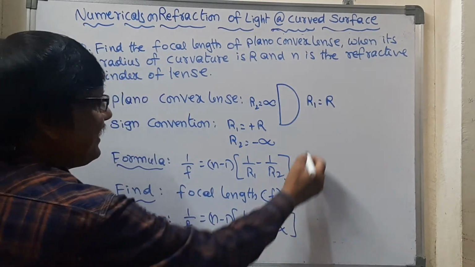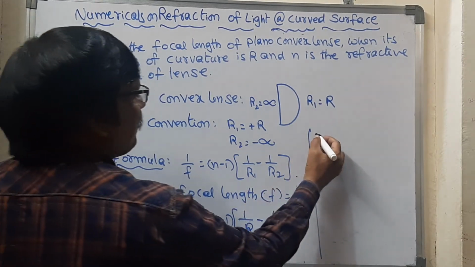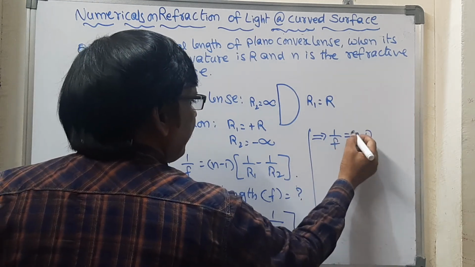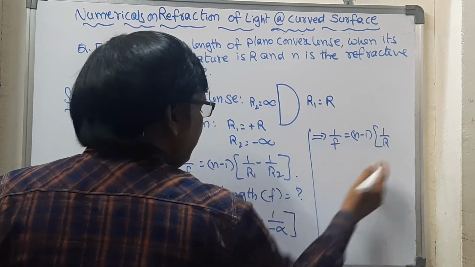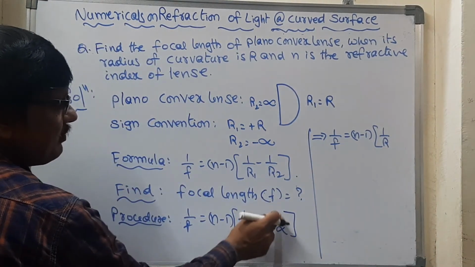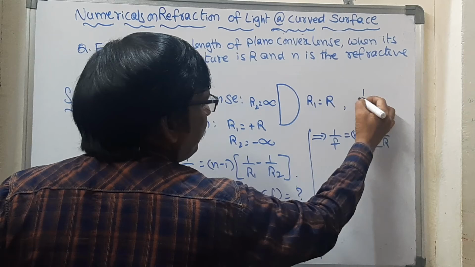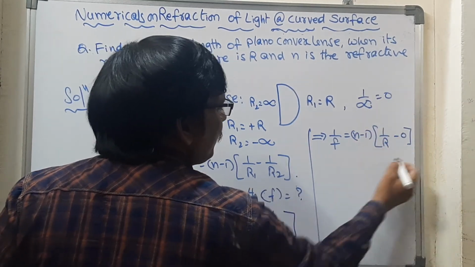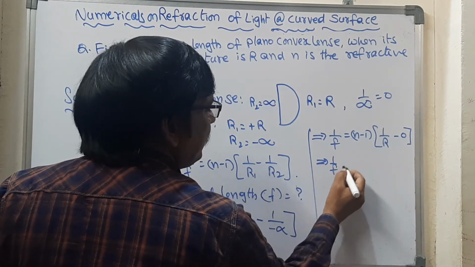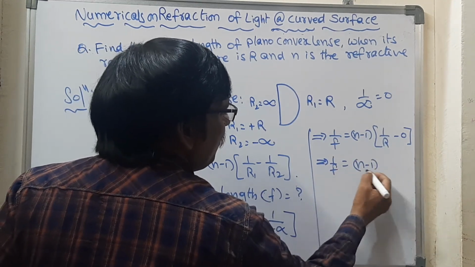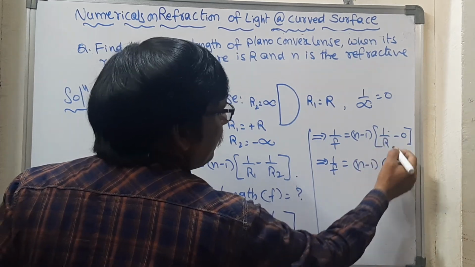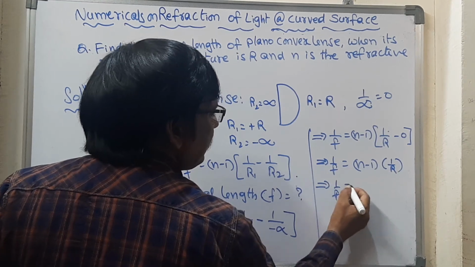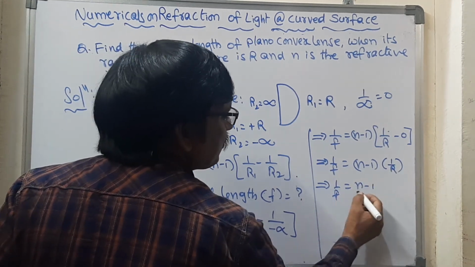So 1 by f is equal to n minus 1 into 1 by r, and minus into minus becomes plus 1 by infinite, and we know 1 by infinite is equal to 0. So minus 0. Then 1 by f is equal to n minus 1 into 1 by r minus 0, which is 1 by r. So ultimately 1 by f is equal to n minus 1 by r.